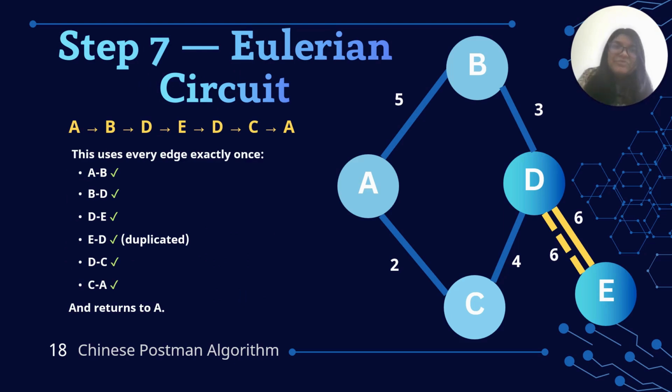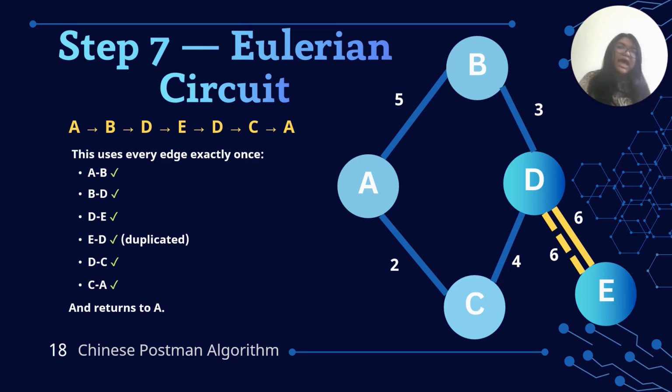Finally, at step 7, we find the actual route, the Eulerian circuit. Starting at A, we go to B, then from B we go to D, from D we take the original edge to E. Now we have to come back, so we take the duplicate edge from E back to D. From D we go to C, and finally from C we go back to A. Let's check the edges: A to B, B to D, D to E, E to D. That's the duplicate one.